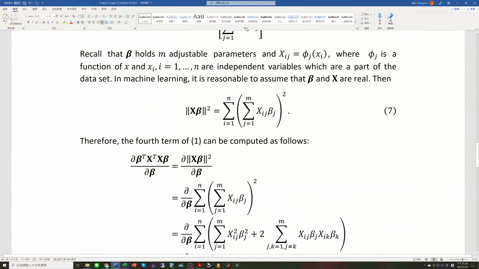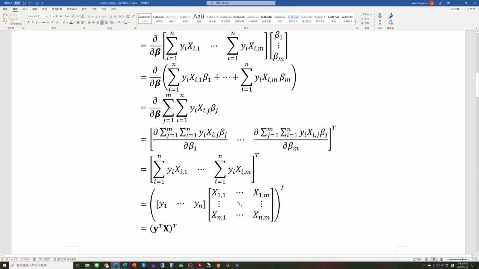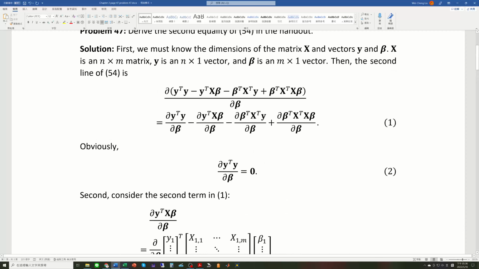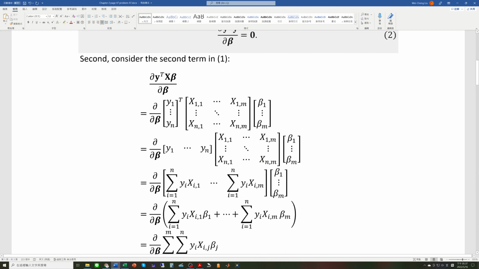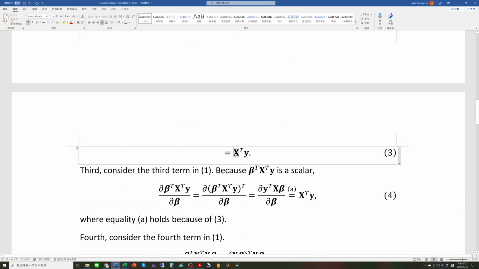In equation 2, we have found partial y transpose y over partial beta is equal to 0. And in equation 3, we can find that partial y transpose X beta over partial beta is equal to X transpose y.